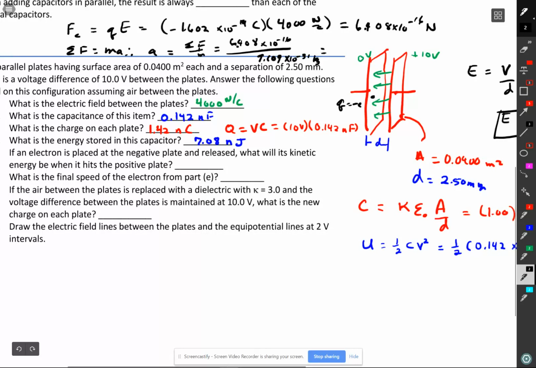And so that gives you 7.03 times 10 to the 14 meters per second squared.